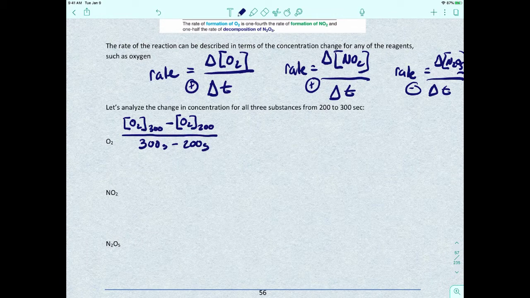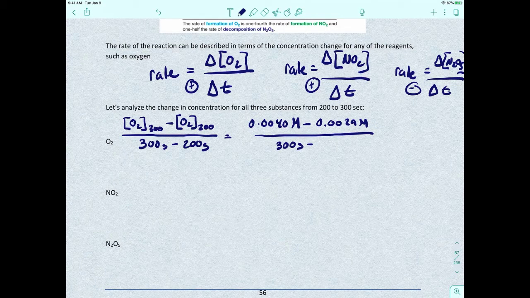Okay, all right, so let's pop those numbers in. The concentration at 300 seconds was 0.0040 molar, minus the concentration at 200 seconds, from that chart, that was 0.0029 molar, divided by 300 seconds minus 200 seconds.